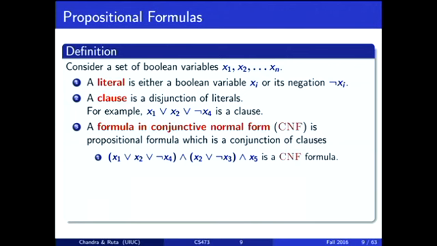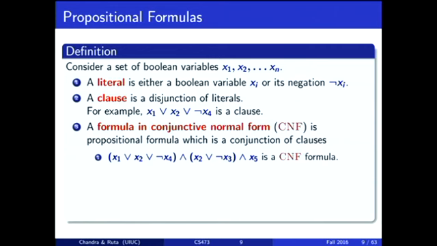We distinguish variables, which can take 0, 1 values, true or false, from the literals, which are either xi or not xi. A clause is simply an OR of some number of literals. So x1 or x2 or not x4 is a clause. Sometimes you put a bar on top, sometimes you put an explicit not, depending on the notation.